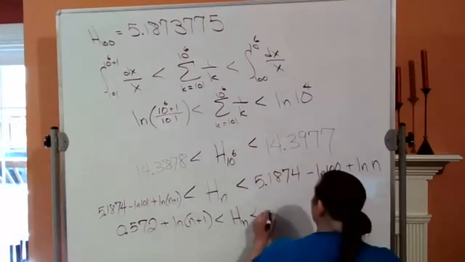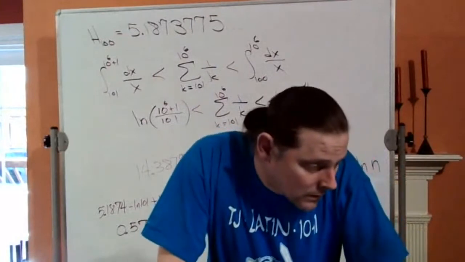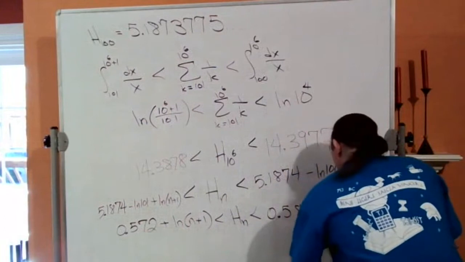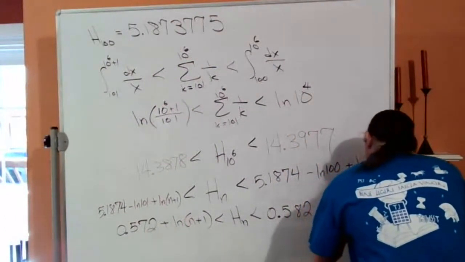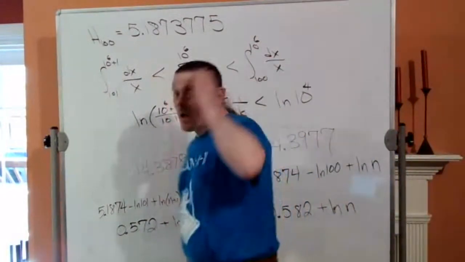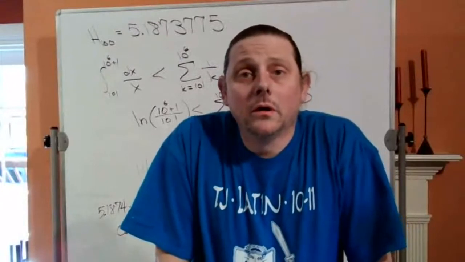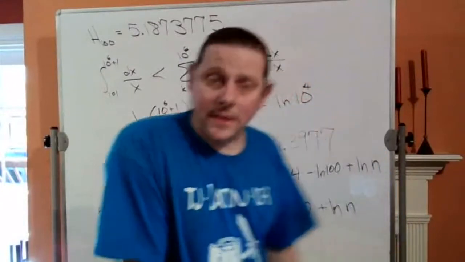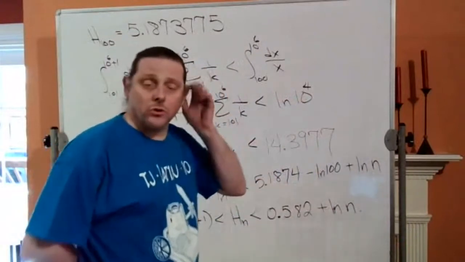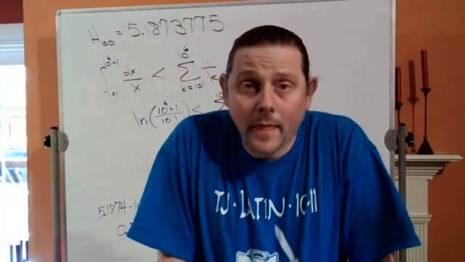The right-hand side gives 0.582 plus the natural log of n. All right, and that's the reason why we indicated earlier that the harmonic sequence behaves like the natural log of n as n grows, right?